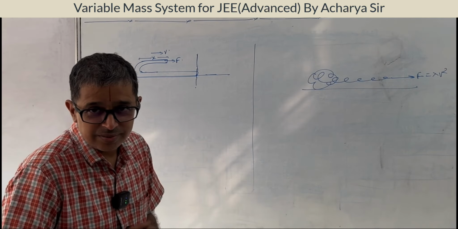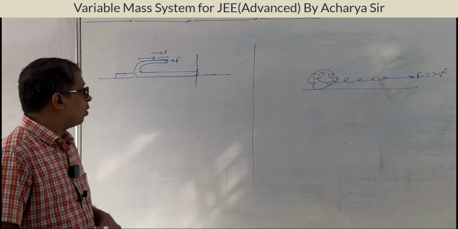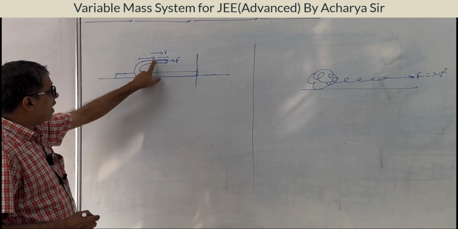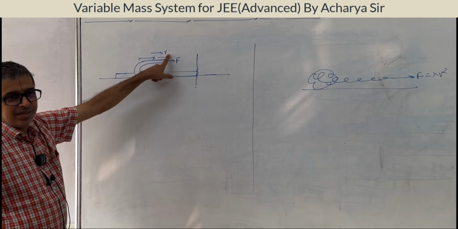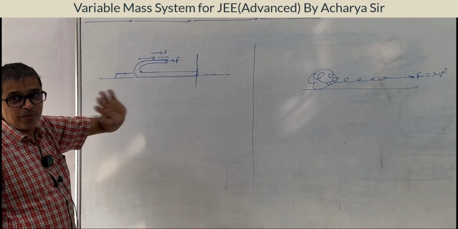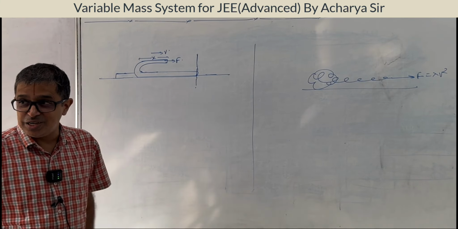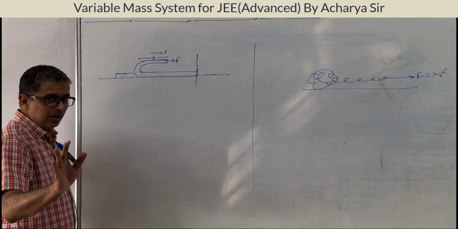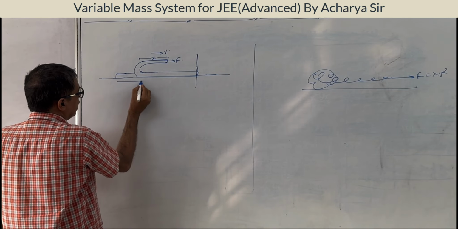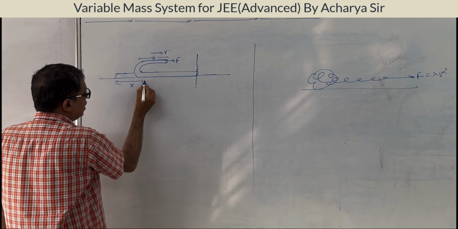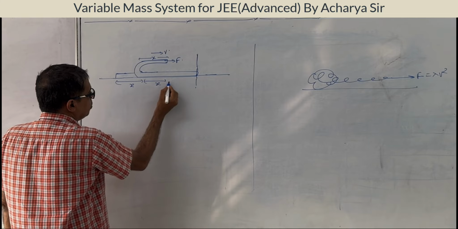Now listen. The catch in the problem is dx by dt is not v. Have a look carefully. If I have folded this, can I claim this length to be x and this length to be x?